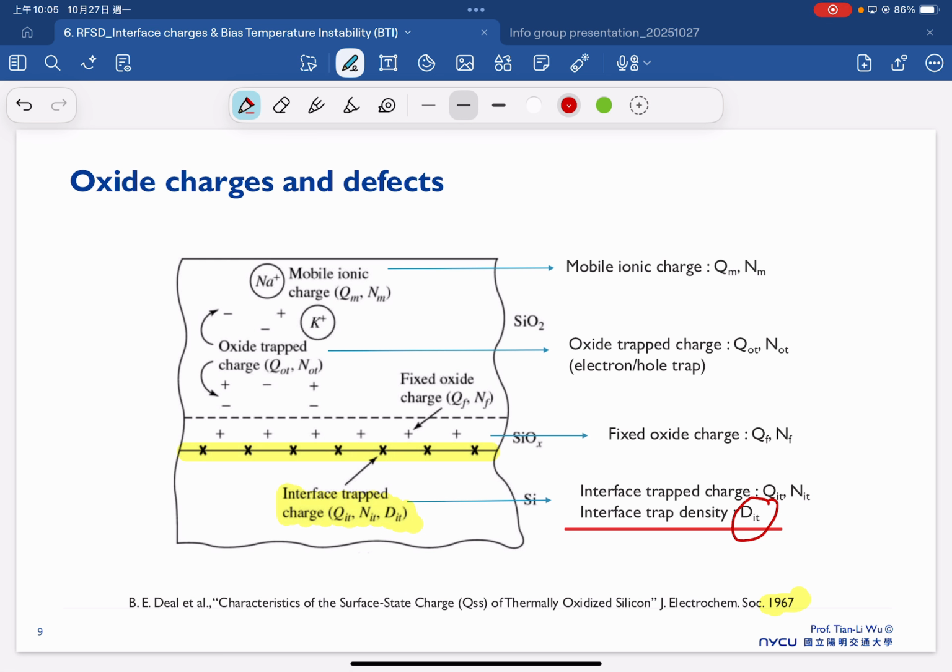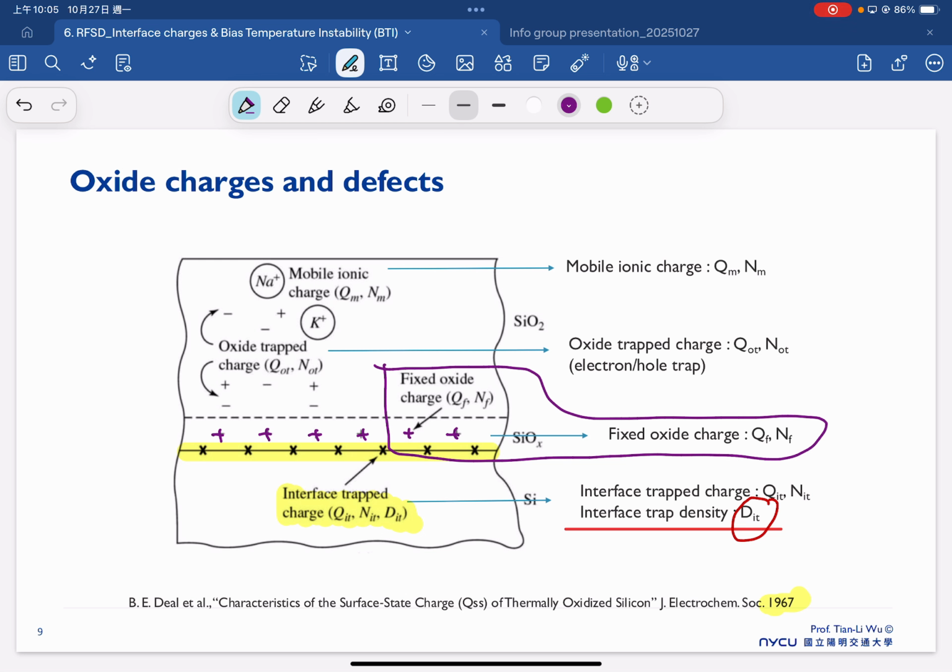And then we go further inside the dielectric, and the next one we normally see is what we call the fixed oxide charge, which is this one here. This fixed oxide charge can be due to certain process issues or certain interface and dielectric original properties.